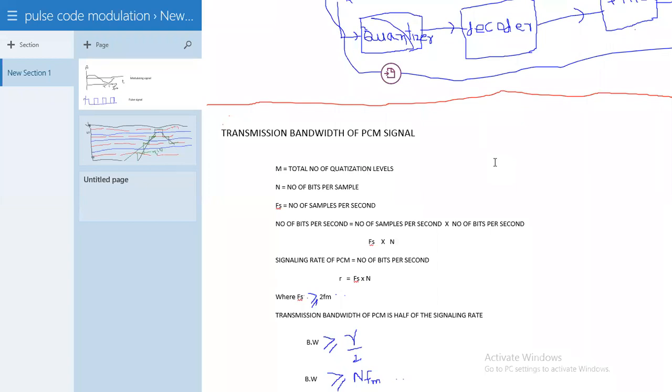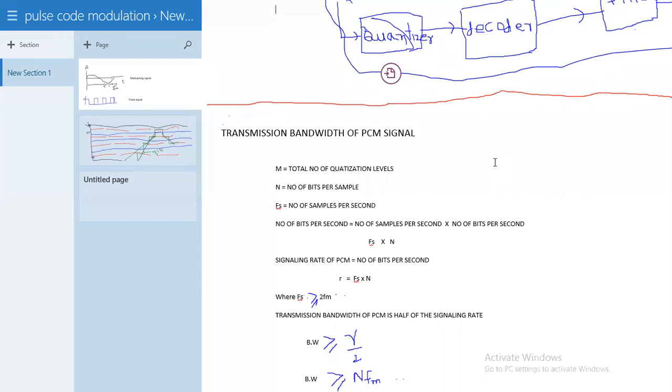In previous classes, we discussed what is M. The capital M equals the total number of quantization levels.